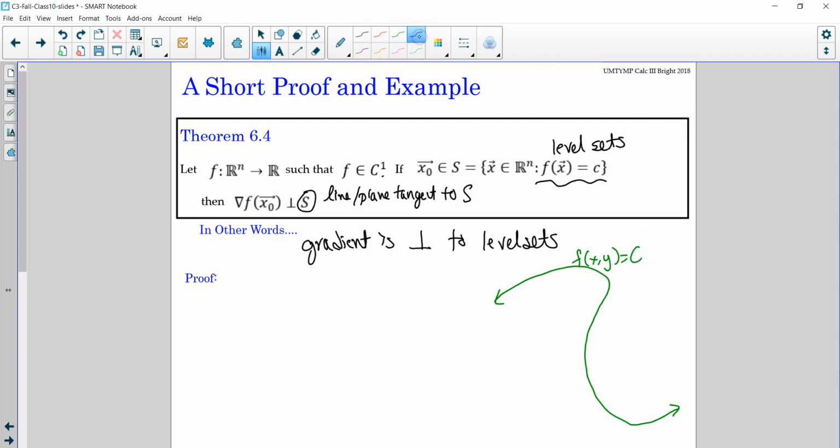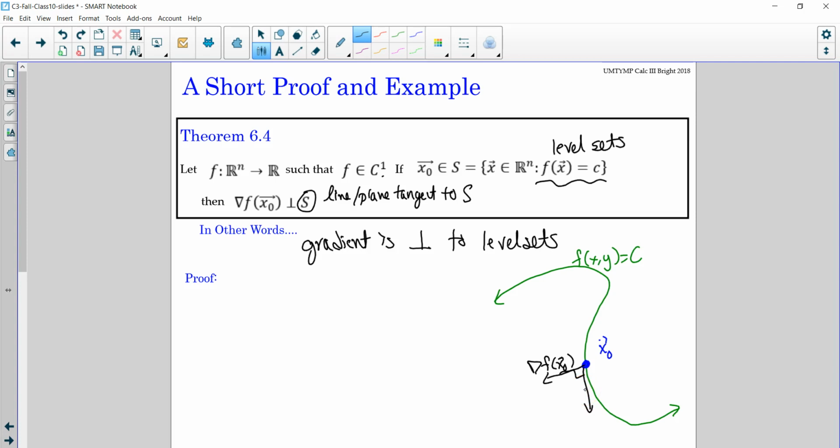And if I have a point here, let's say that's our point, this is x naught, then we're going to see eventually that if I look at these two vectors, this is going to be a right angle. This should be my gradient vector, and this other one is going to be another vector, which I will label soon.